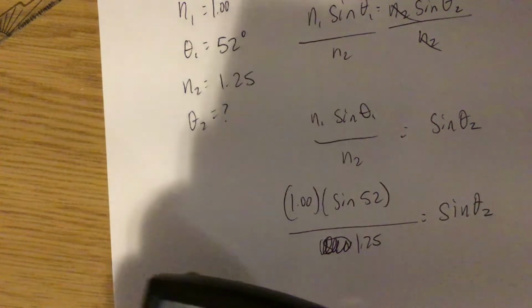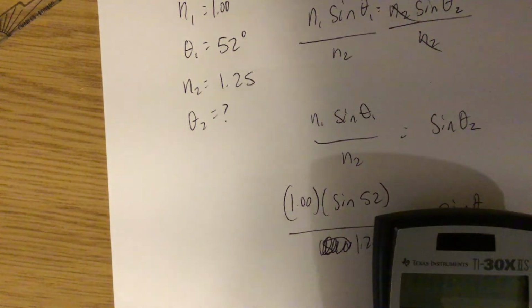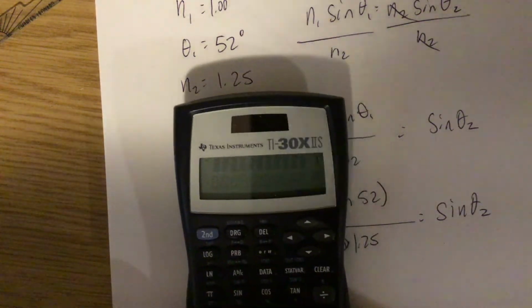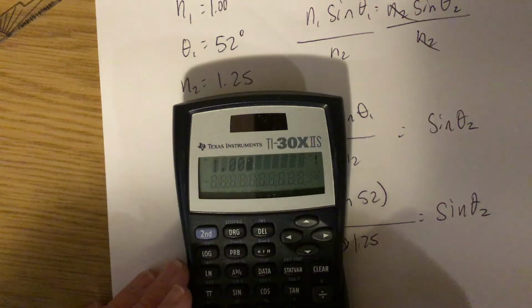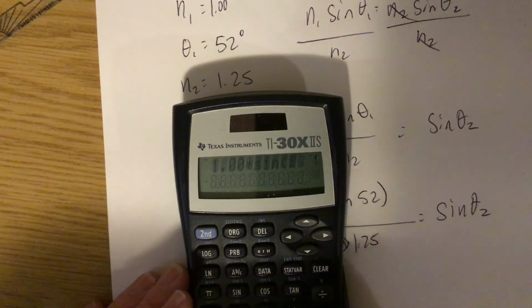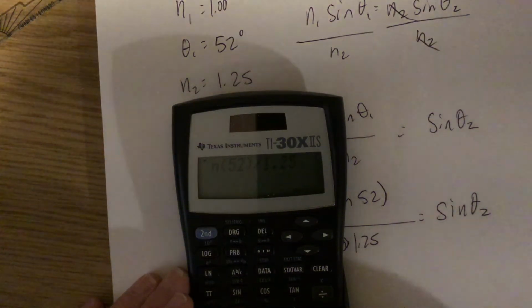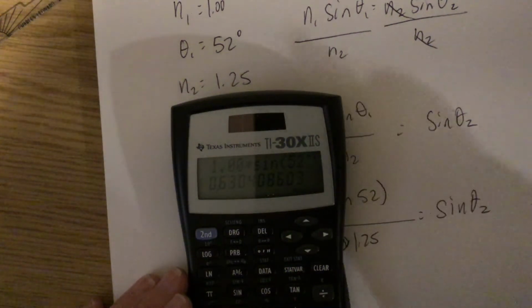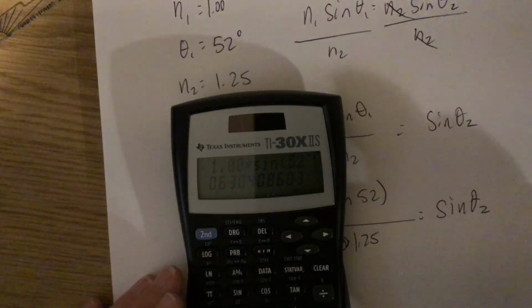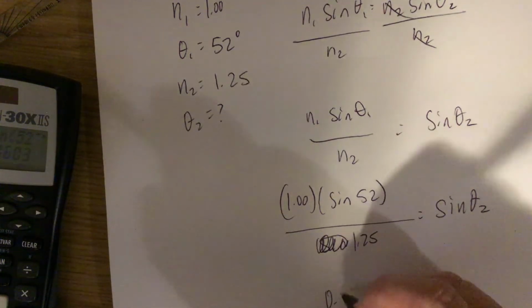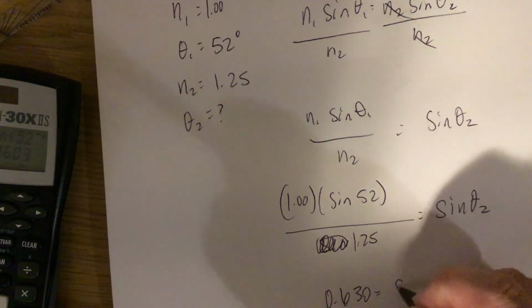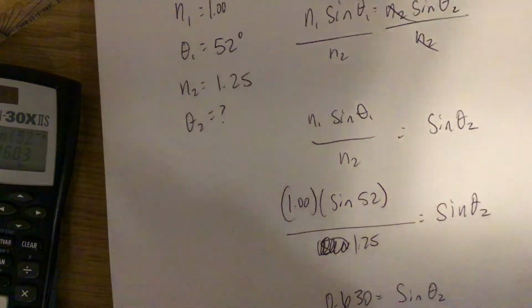So to put those calculations in, you would say 1.00, you actually don't need that part, but we'll keep it in there, times the sine of 52, and then divided by 1.25. And when we do that, we end up with 0.6304 something something. So we'll say 0.630 equals the sine of theta 2.